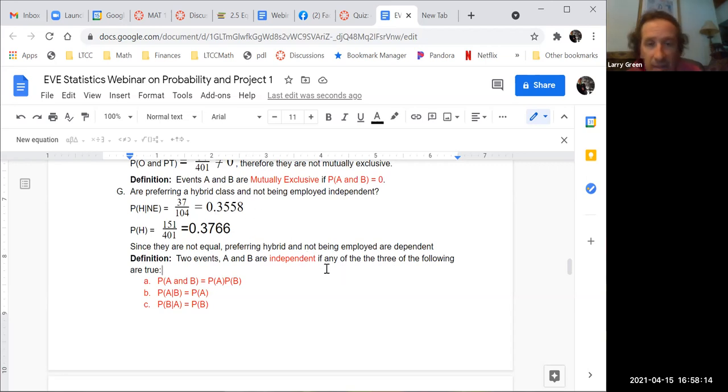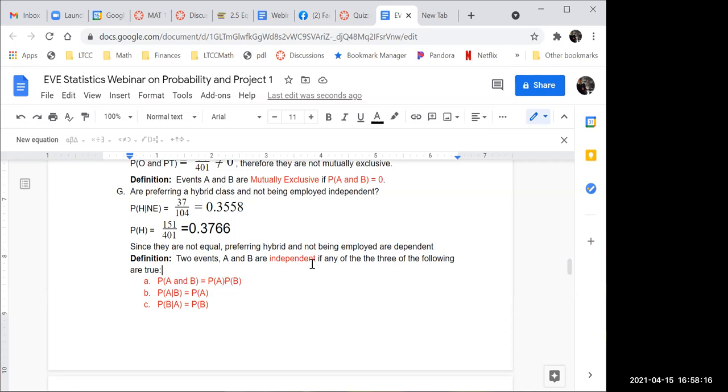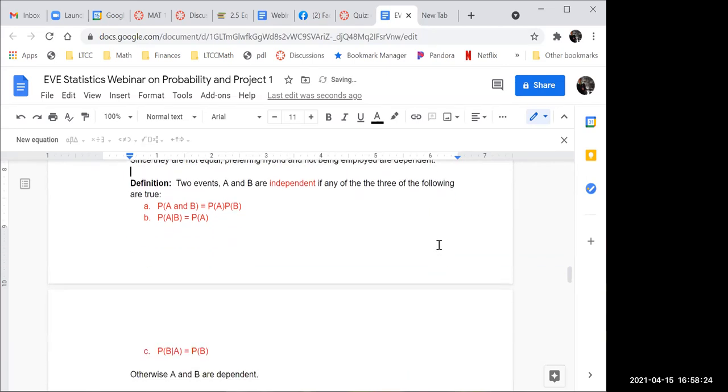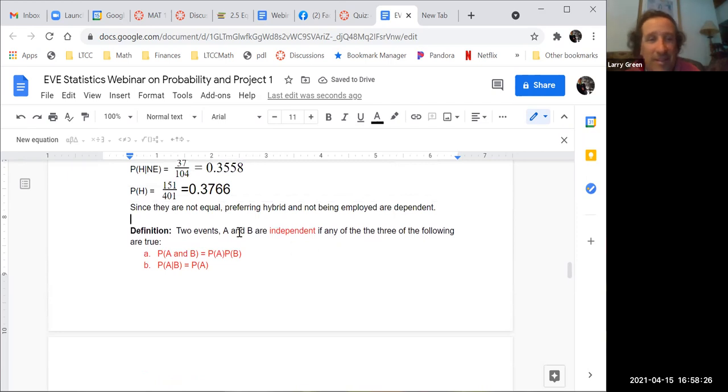Any questions on this? What exactly does it mean again to be independent? Not mathematically, but what does it mean as an idea?